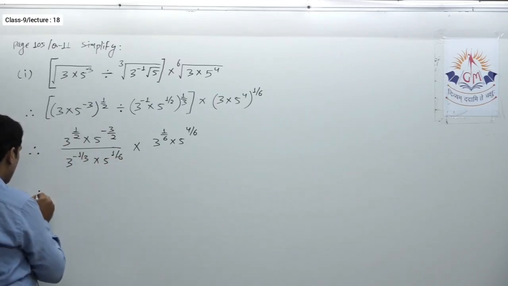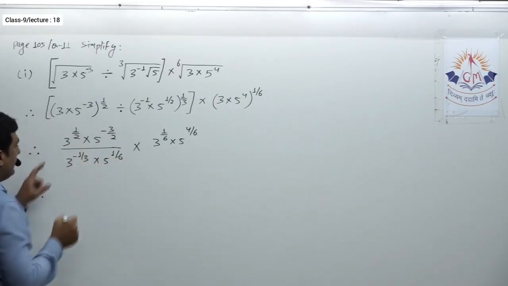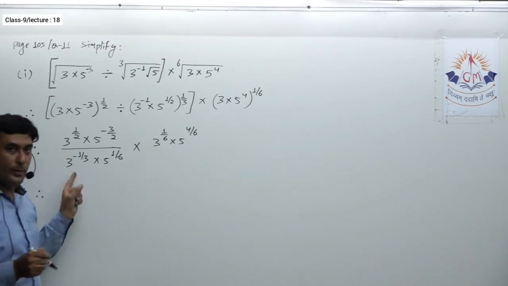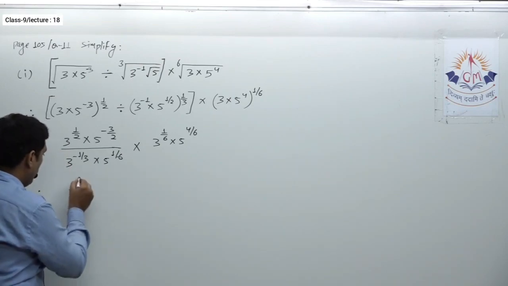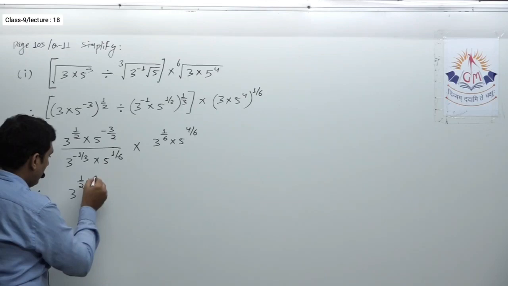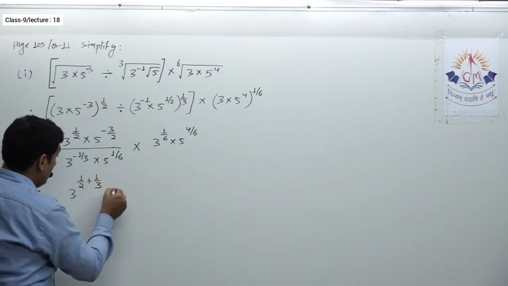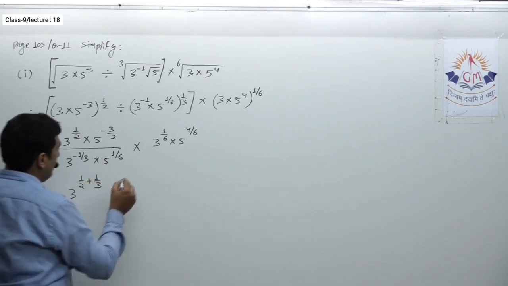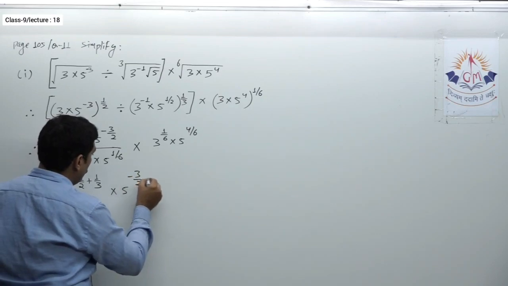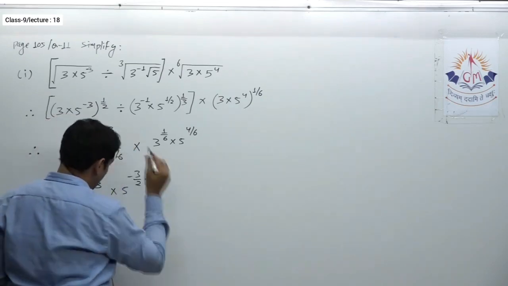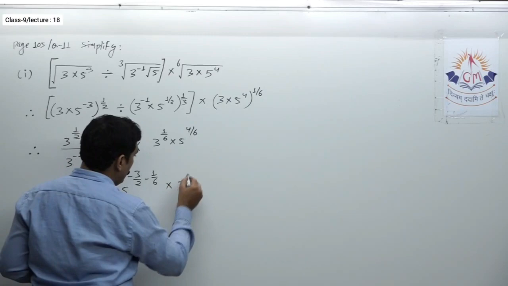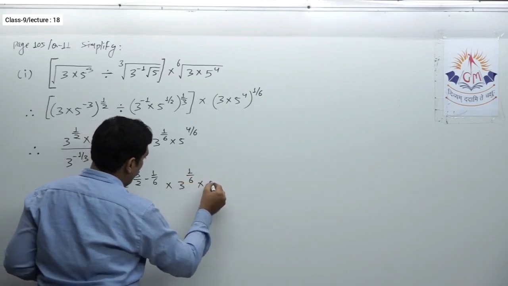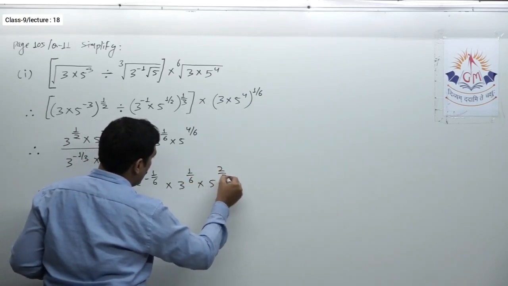Okay, now over here I can take these two terms because they have the same base. So 3 raised to 1 by 2 plus 1 by 3, multiplied by 5 raised to minus 3 by 2 minus 1 by 6, multiplied by 3 raised to 1 by 6 into 5 raised to 2 by 3.